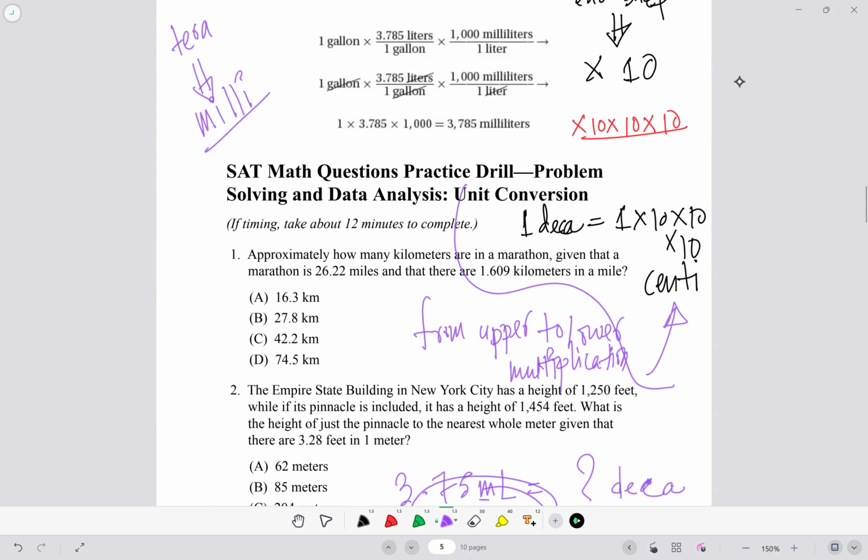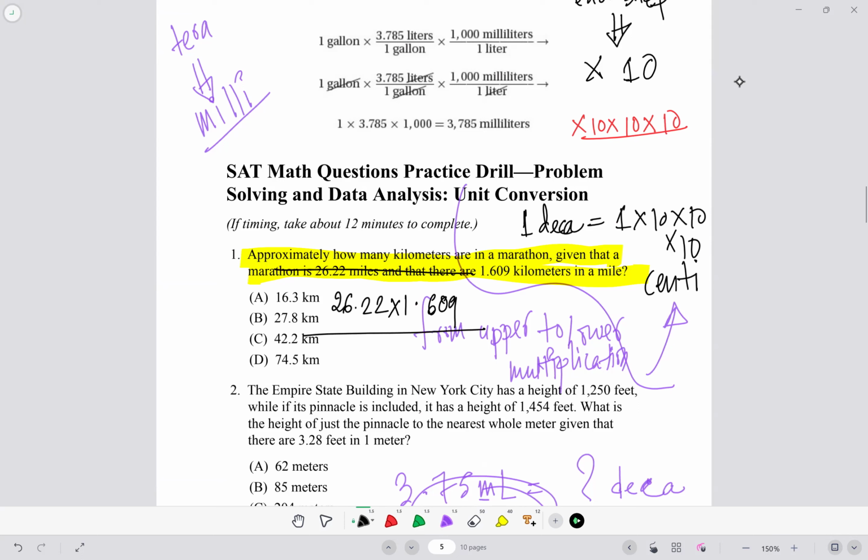The same thing also happens here. Approximately how many kilometers are in a marathon, given that a marathon is 26.22 miles, and there are 1.609 kilometers in a mile? What does that mean? It means you need to multiply 26.22 by 1.609.